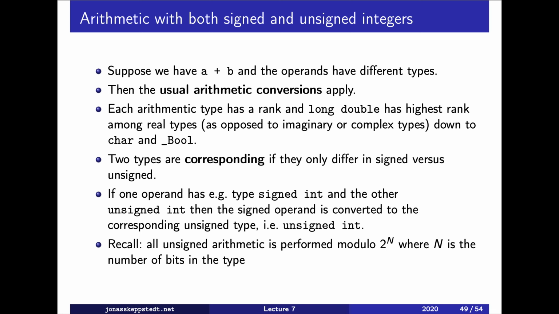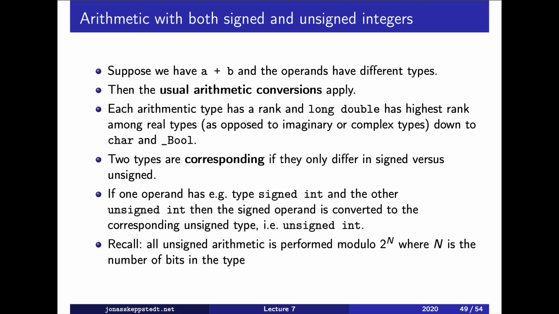But if it is the same type except that they only differ in signed versus unsigned, then they are called corresponding types, and then some funny things can happen, and we will actually see later in the lecture some even, well, not more funny but less funny things actually.